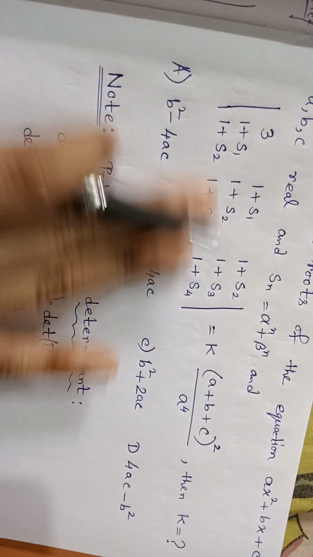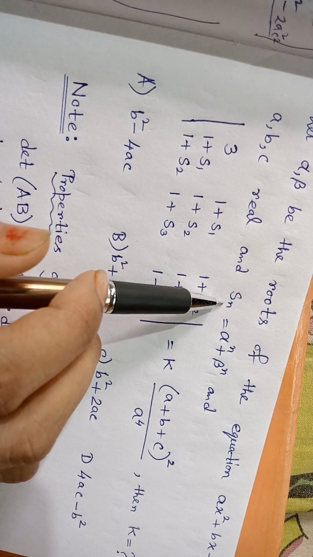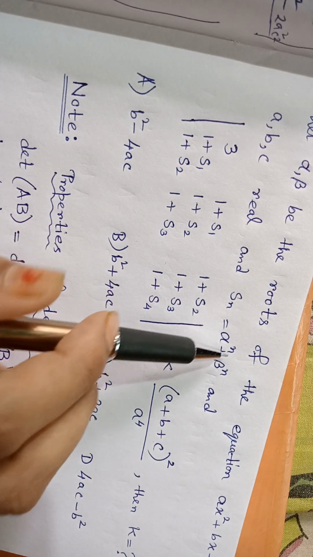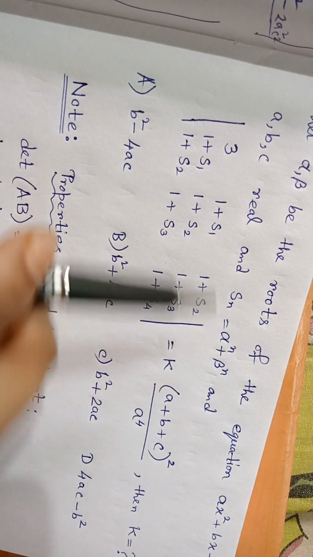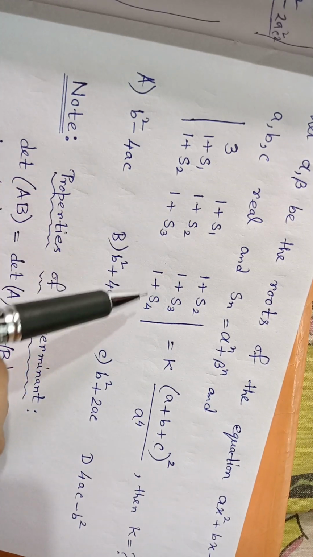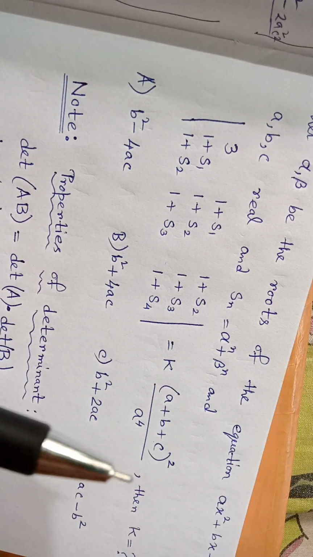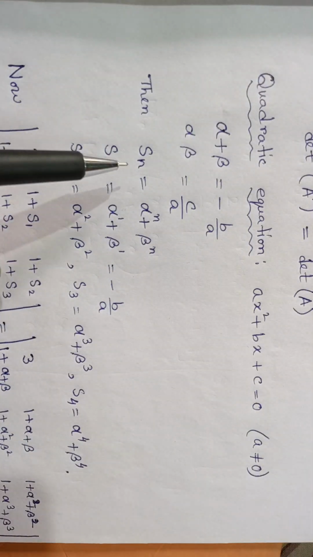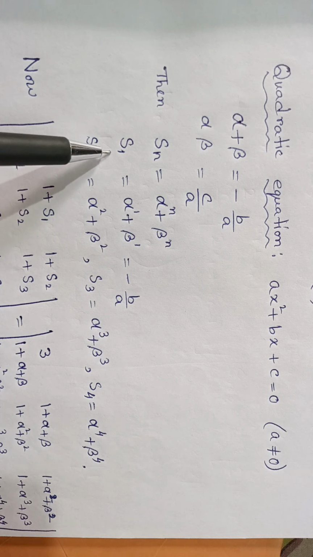Now come to this sum. So here see, it is given that Sn equal to alpha to the power n plus beta to the power n, and in the determinant 1 plus s1, 1 plus s2, 1 plus s3, 1 plus s4. These are given. So first we find s1.